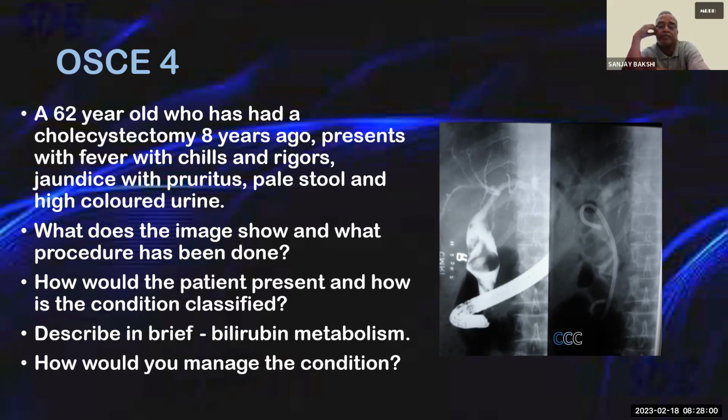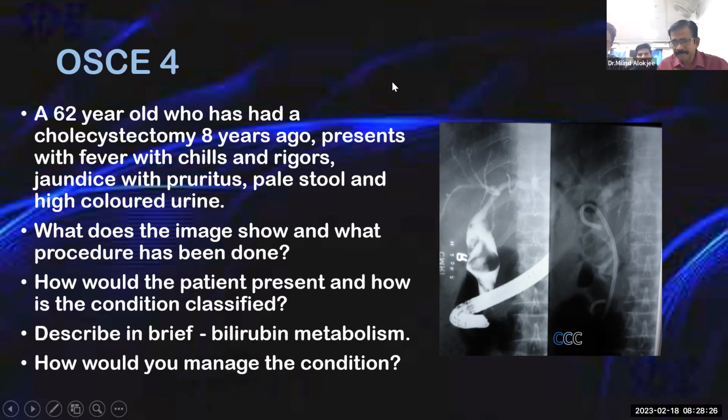Okay. So next question is, how would the patient present and how is the condition classified? What are the typical presentations of a patient who is having choledocholithiasis? Sir, patient presents with jaundice, sir. Stage, Charcot's triad. Yes, sir. You got all the answers in that question itself, isn't it?